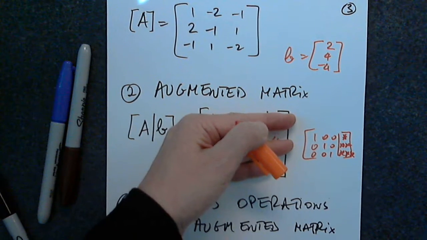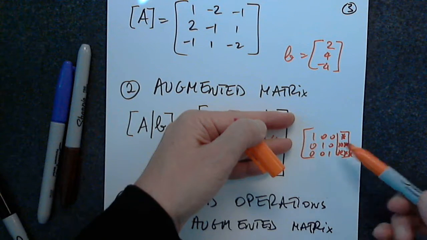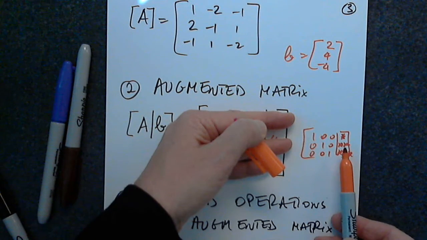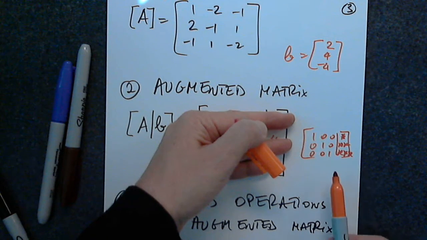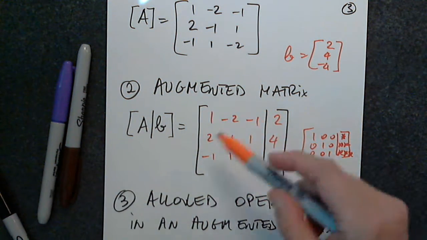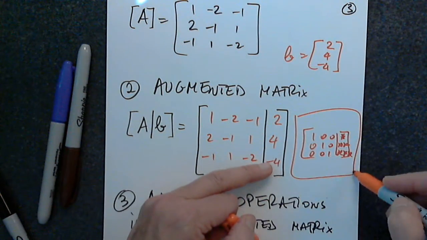This is what I'm trying to do. What does this mean? It means that x is this number. What does this mean? That y is this number. And what does this mean? That z is this number. So I'm trying to change this into this.